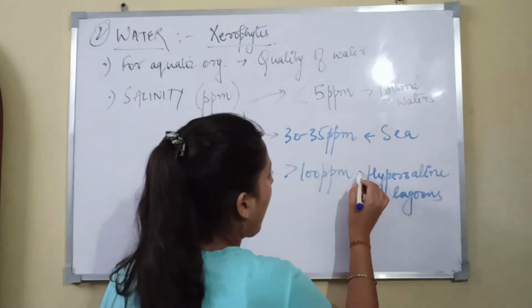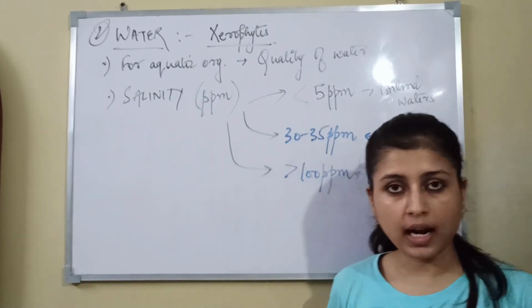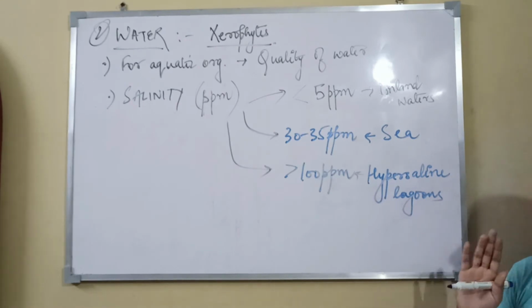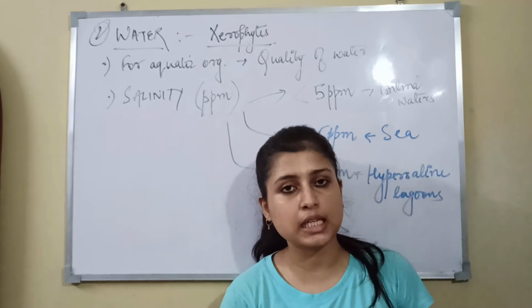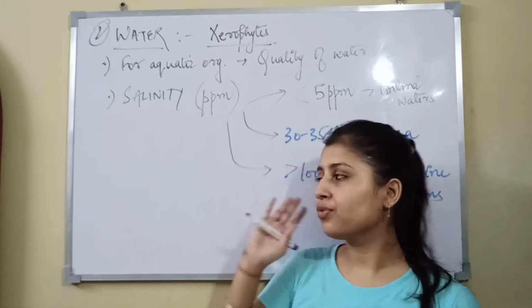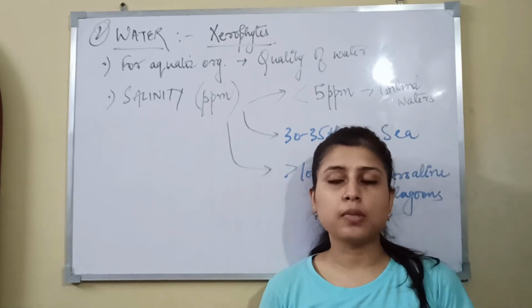You can imagine how saline the condition is in hypersaline lagoons. So these are the different salinity levels you see in inland waters, seas, and hypersaline lagoons. So here we have these 3 main things.